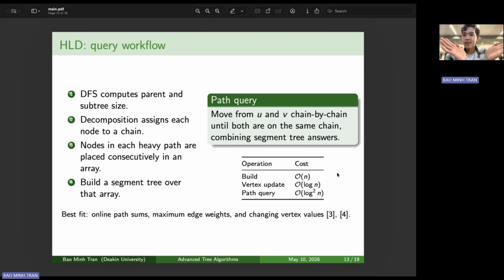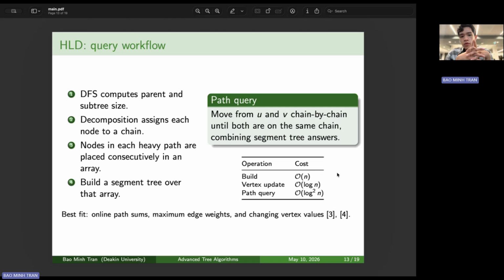To do this, you can apply a segment tree, a sparse table, or whatever data structure can do the queries in log n. Since you only pass through log n light edges, or log n heavy paths, and you have log n computations each, you end up answering in log squared n. It's not n squared, it's log squared.